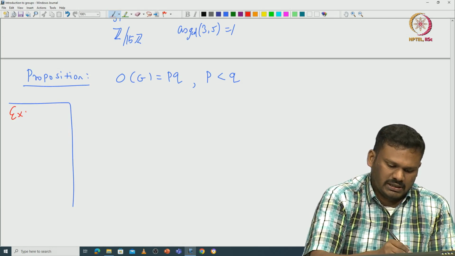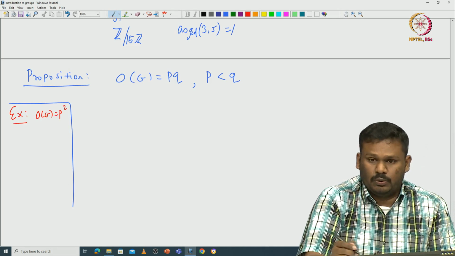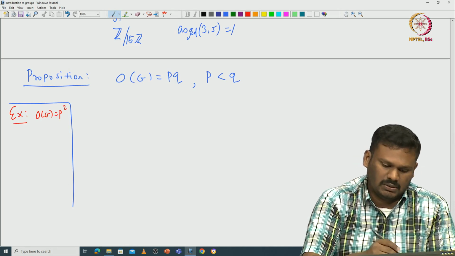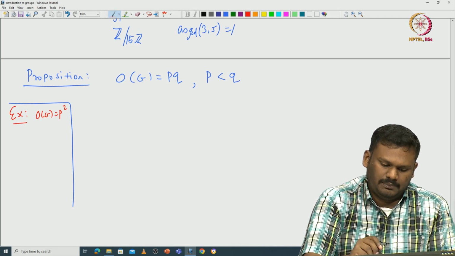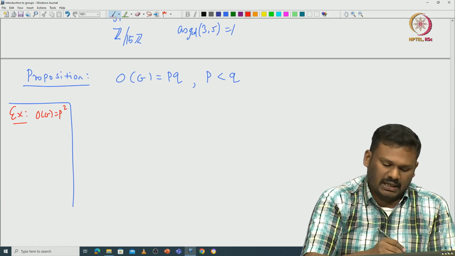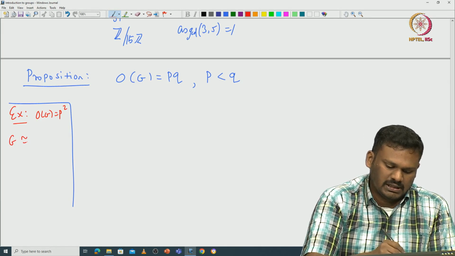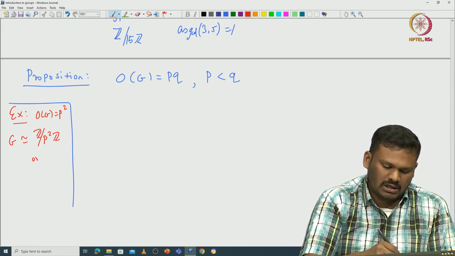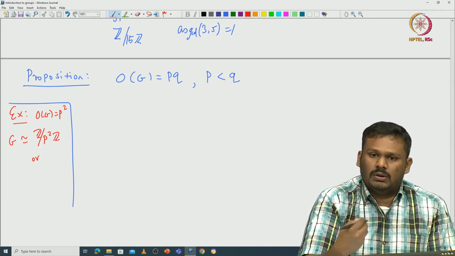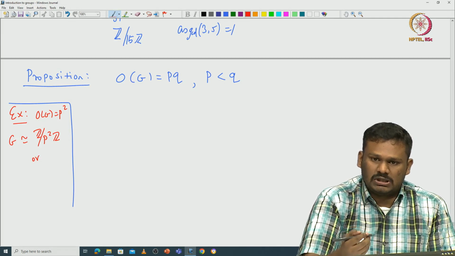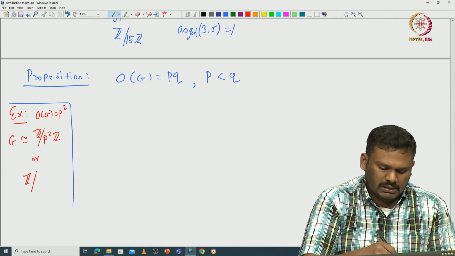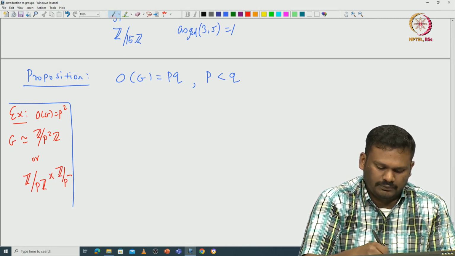What is the exercise? If the order of G is p squared, we already proved that G must be abelian. If G has an element of order p squared, then it must be cyclic. So in this case either this is cyclic, Z modulo p squared Z, or if there is no element of order p squared, then it is Z modulo pZ cross Z modulo pZ.